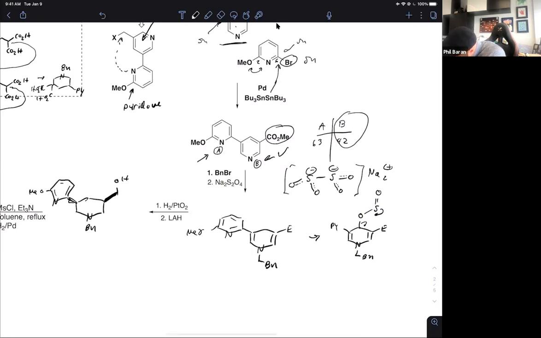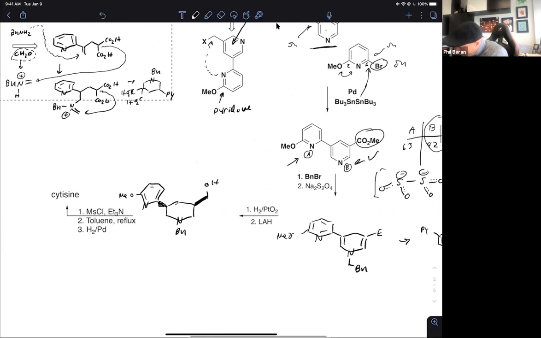And when we treat this with mesyl chloride, triethylamine, followed by toluene at reflux, and H2 with palladium, out pops the product. But I need to understand what the mechanism of this is. So maybe Tanner can tell us what step 1, step 2, and step 3 do. Tanner or Shuang or Debbie.